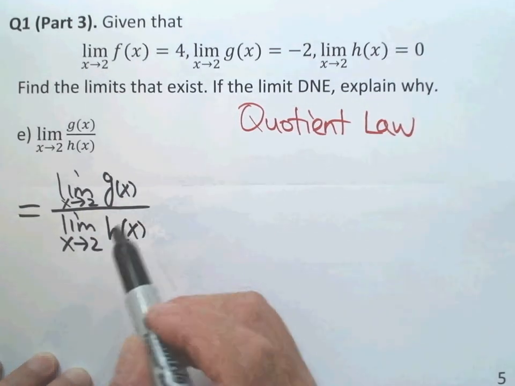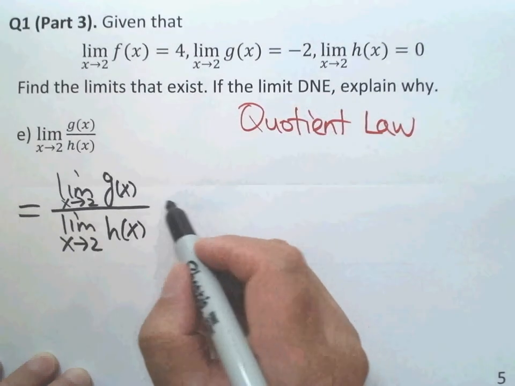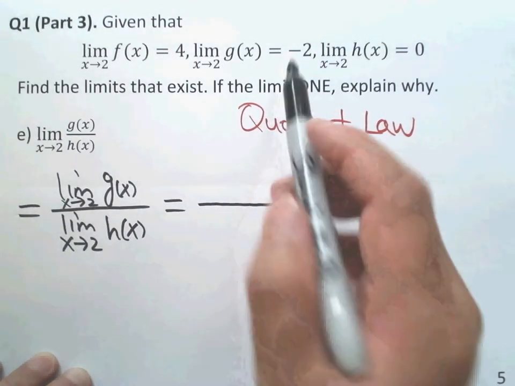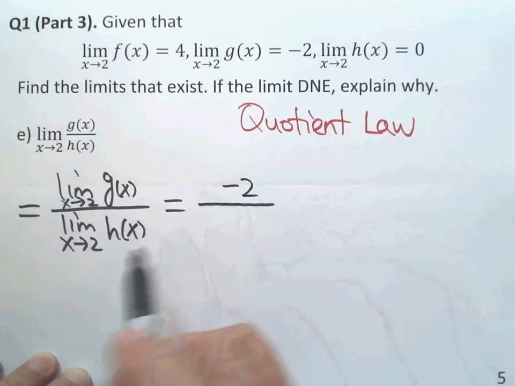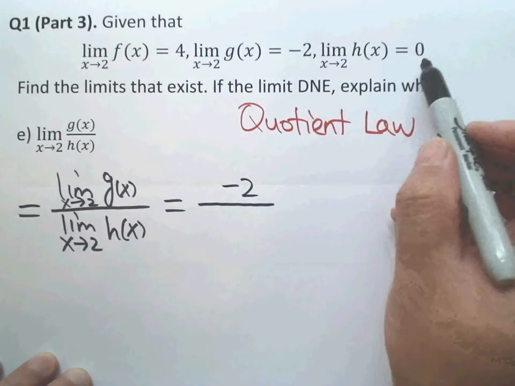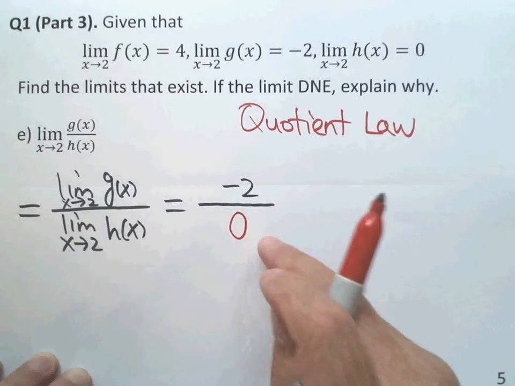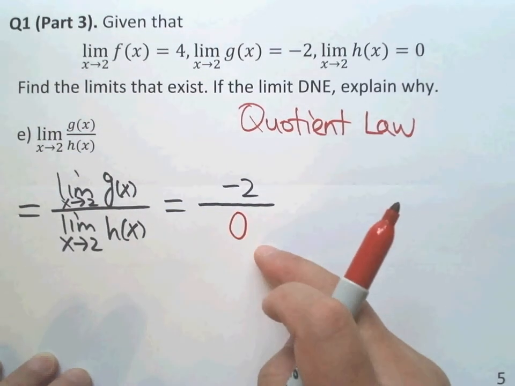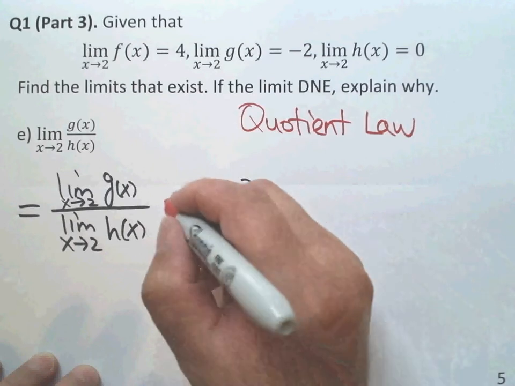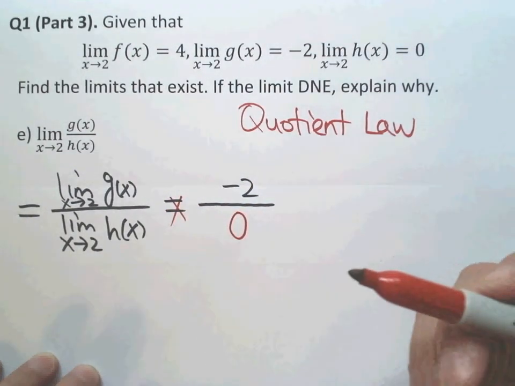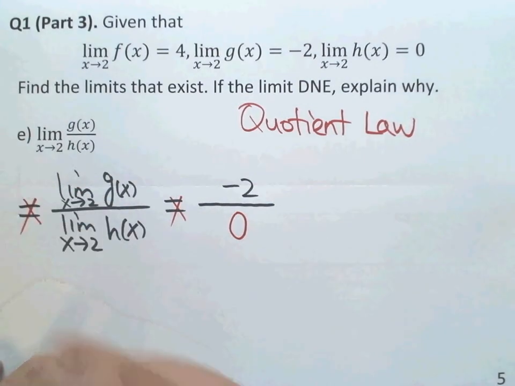The limit of g as x approaches 2 is -2 for the numerator. The denominator is the limit of h as x approaches 2. Can you see this is strange? We get 0. Do you think we can put a 0 in the denominator? No, we cannot. So we cannot do this.